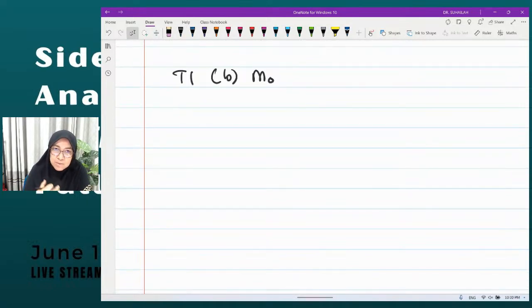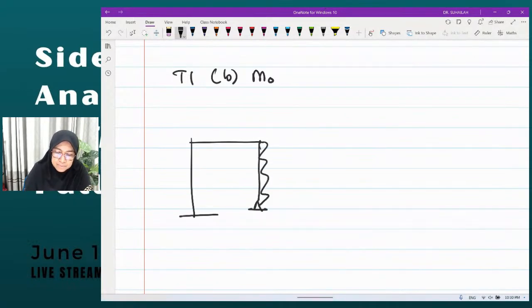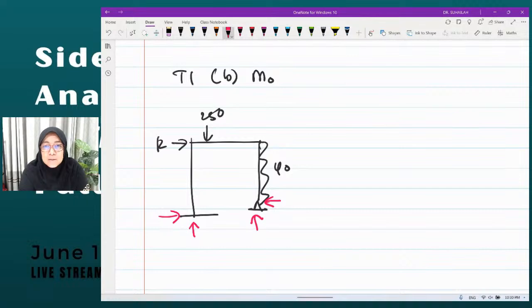This is the no side sway frame, where we have to calculate R here, this is 250 and 40. We have considered all this, we get the moment M naught, and after that we calculate the R value.